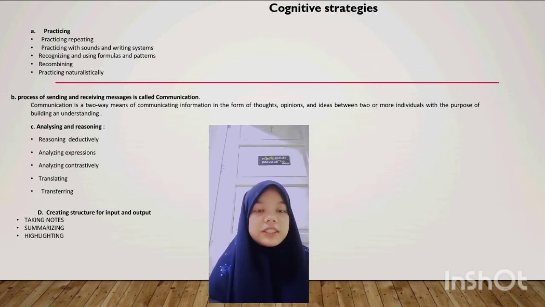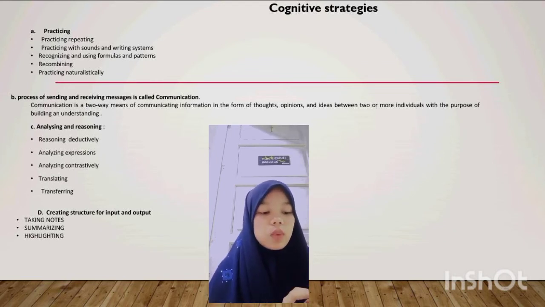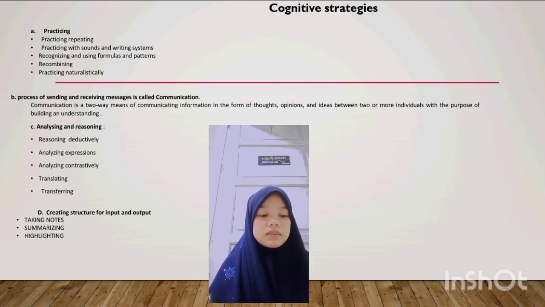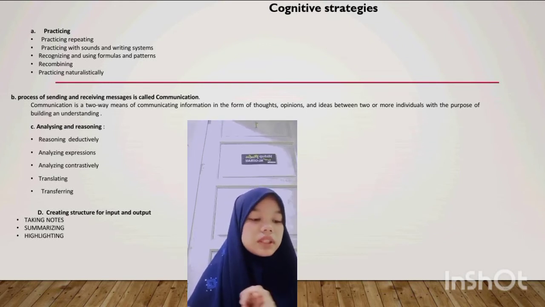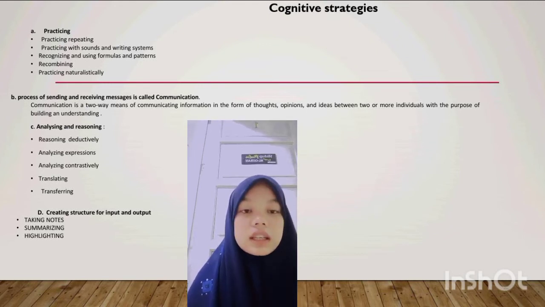Practicing includes repeating, practicing with sound and writing system, recognizing and using formulas and patterns, recombining, and then practicing naturalistically.